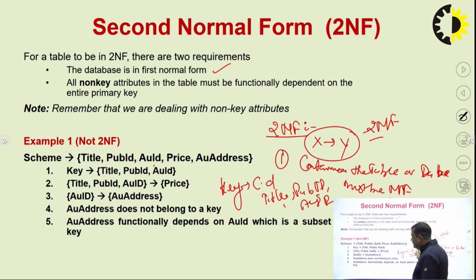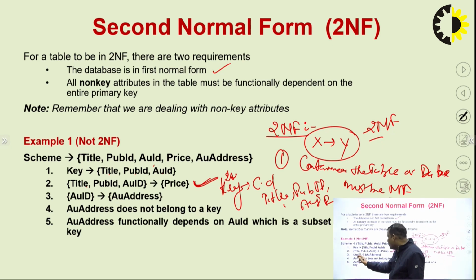It is a candidate key, and publisher title name, publisher ID, and author ID determine the price of the books. It is known as the second normal form. Another one, author ID determines the author address, is a second normal form.